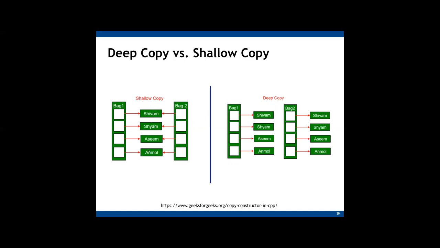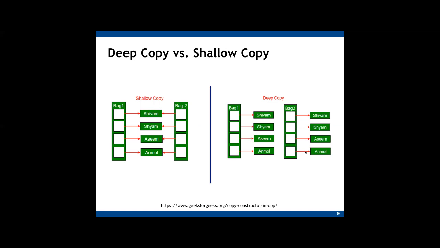And if you create a bag2 object by copying the bag1 object, if you perform shallow copy, the pointers in the two objects, bag1 and bag2, will share the same memory. So like this example, the first pointer member variable for bag1 and the first pointer member variable for bag2 will share the same memory location. And the same for the second, third and fourth ones. They will share the memory locations.